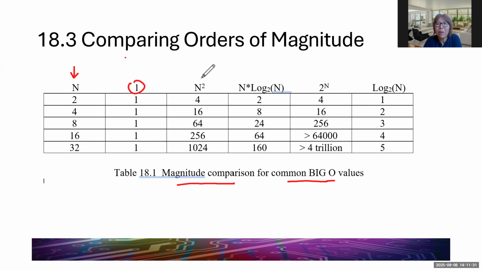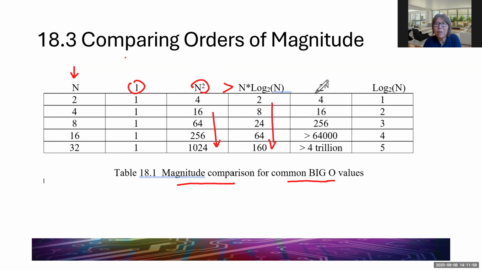Then n squared grows from 2 to 32, quite a lot. Next is n times log 2n. If you compare these two, you can see n times log 2n grows slower than n squared.